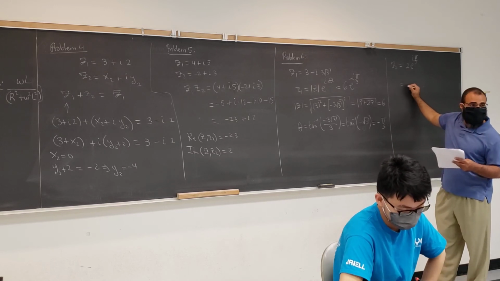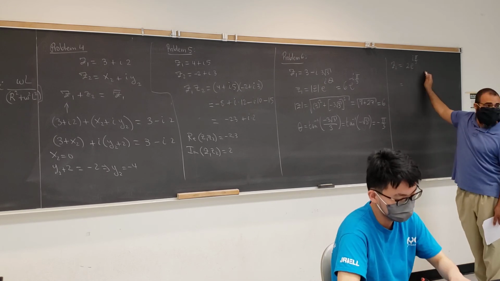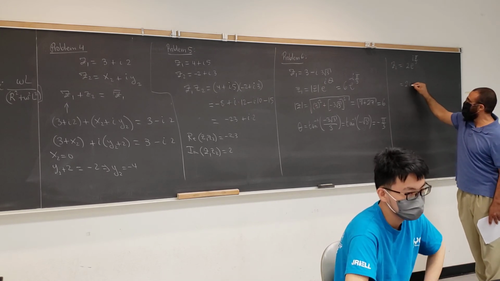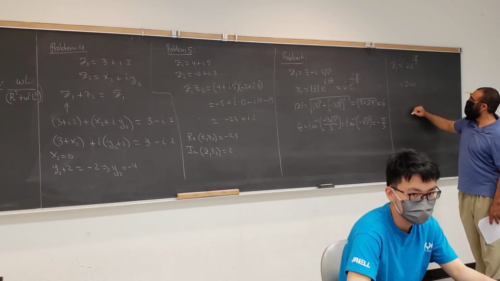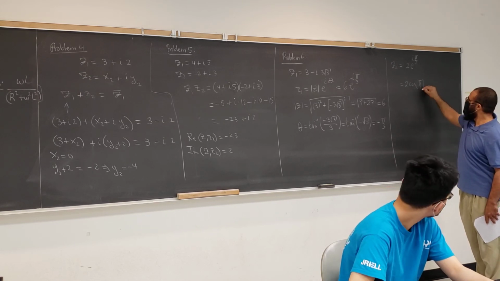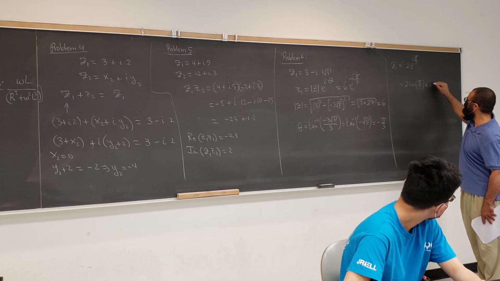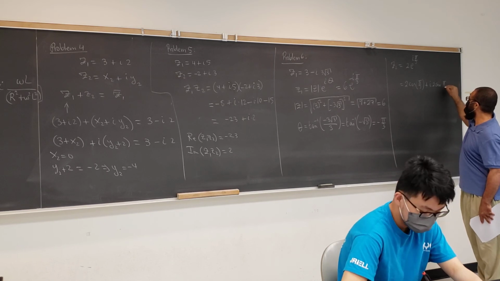So you want to find the real and imaginary part, so we need to expand this, right? So it would be 2 times the cosine of pi over 3 plus I times, or actually 2i, right? I times 2, and then sine of pi over 3.